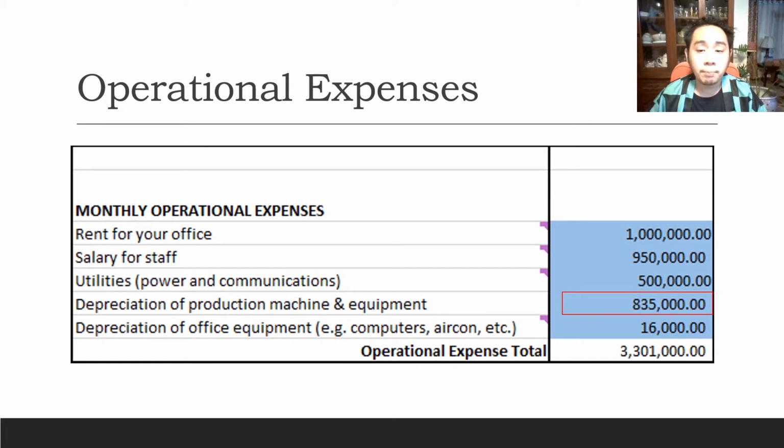They hold the importance of completing our product, and their rate would be based on this formula: the summation of machine costs divided by the years of depreciation, and all of it multiplied by 12 months because of 1 year. That is why we got 835,000 based on the computation stated in our sample computation.